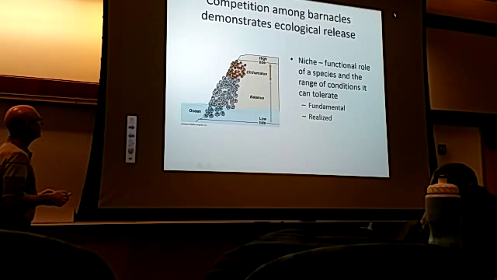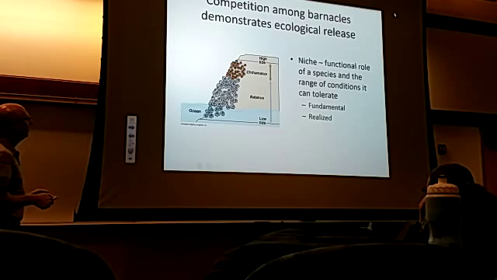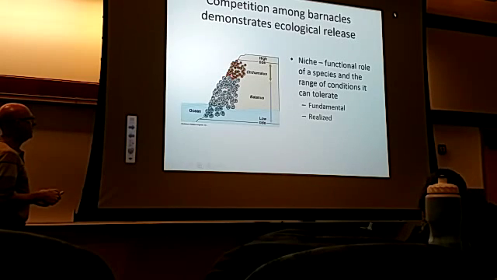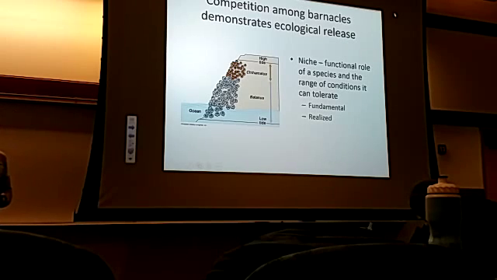So this species, Thalamus, is being outcompeted by Balanus in most of the intertidal zone. However, it survives up here because Balanus isn't physiologically adapted to tolerate all that exposure to the dry air. For some reason, Thalamus can manage it, and the other species can't.